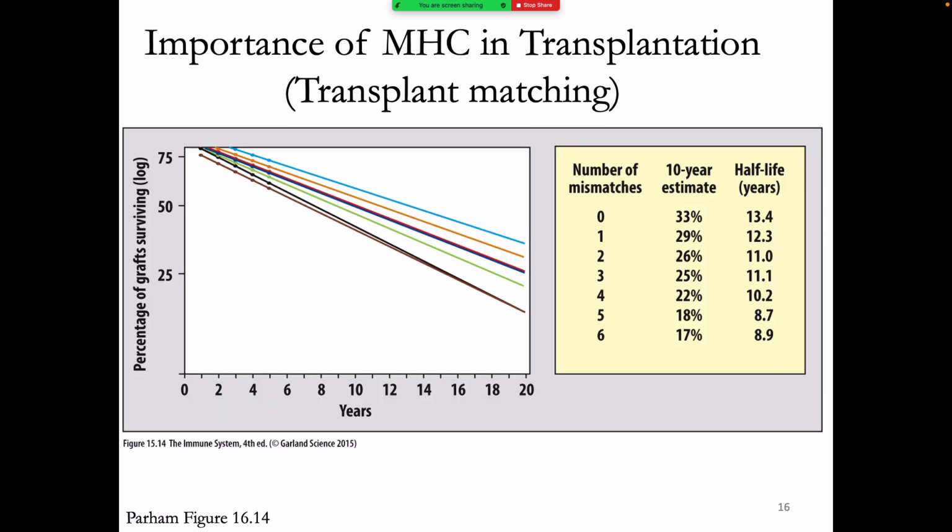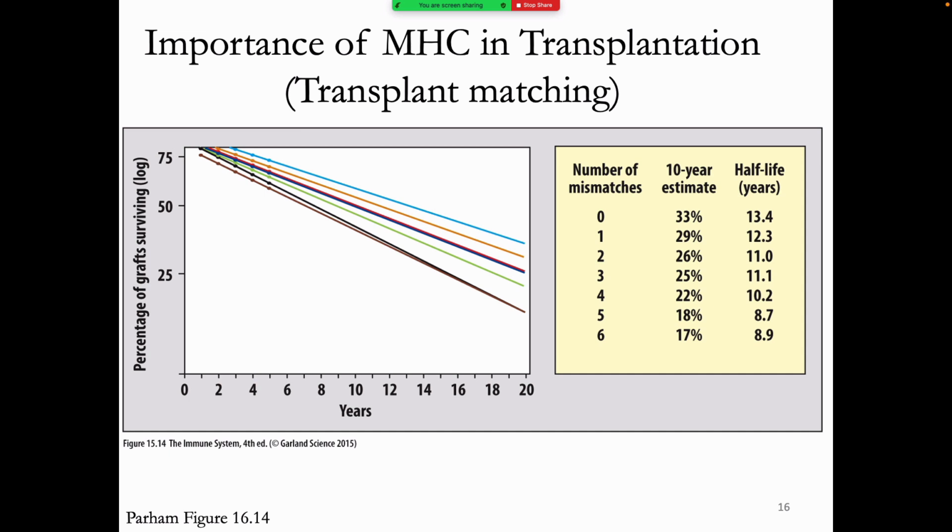We also know this in people as well. So this actually shows us the importance of MHC in transplant matching in humans. What we're looking at here are the number of MHCs that are mismatched between the donor and the recipient. We can imagine 0 mismatches to 6 mismatches. Here we're largely talking about class 1, because remember class 1 is on all cells, like kidney cells.